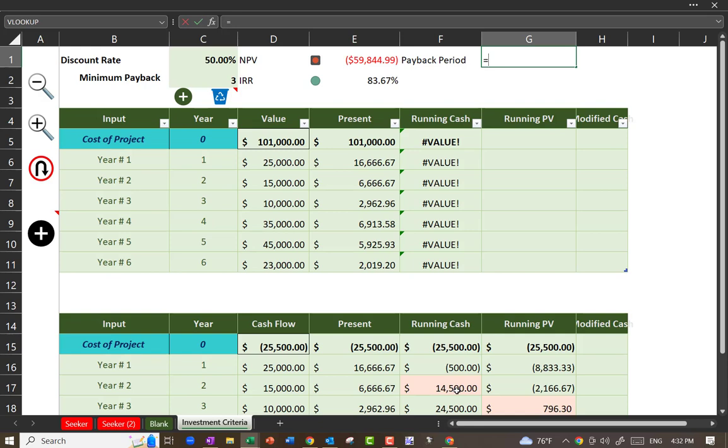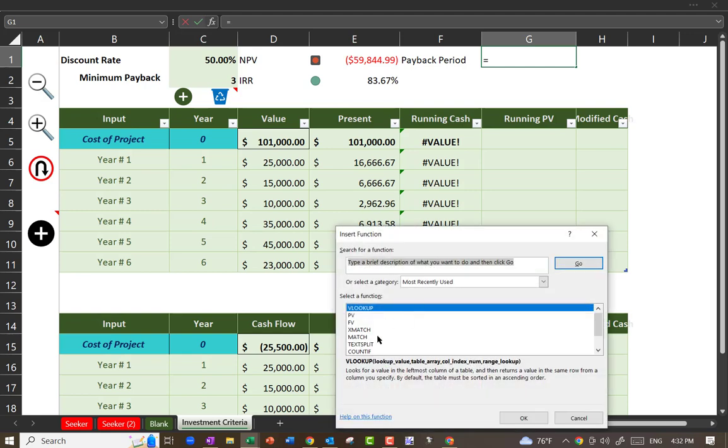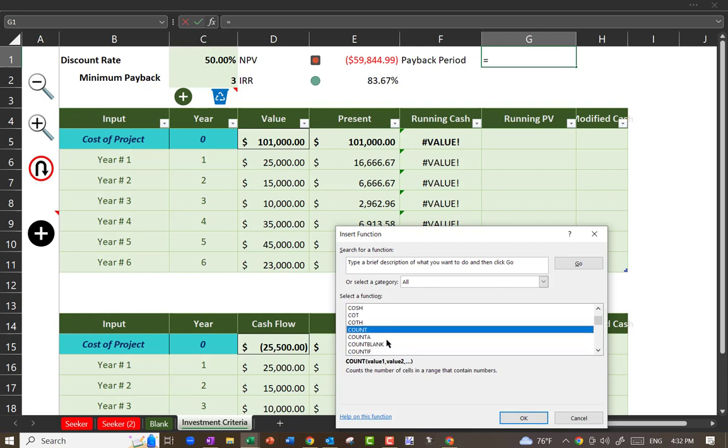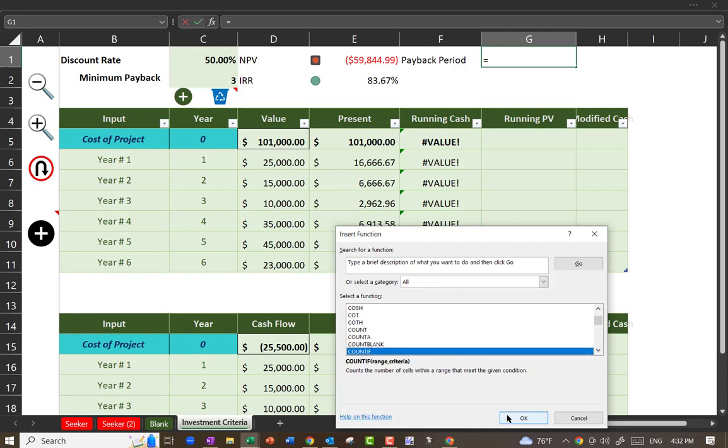COUNTIF. Let me actually use the function helper for this. This is a nice little function. Given a criteria, it counts the number of cells that satisfy that criteria.